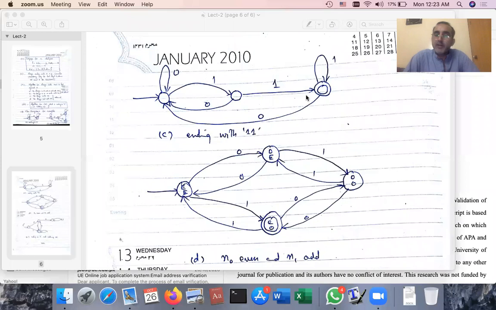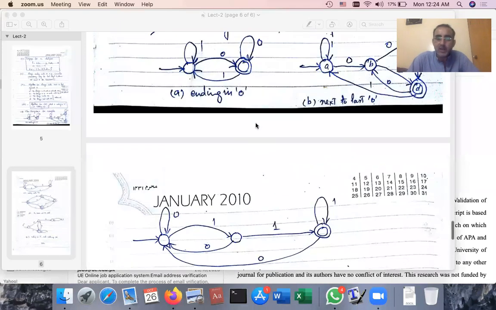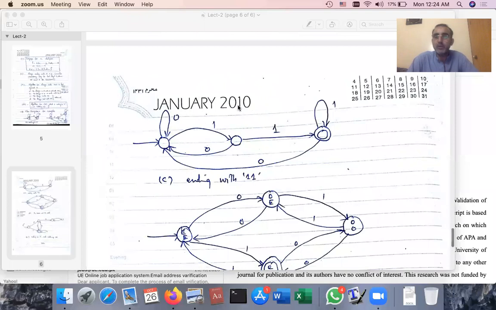This is a finite automata for the language ending with 1 1. Look, regular languages have regular expressions. And what is the machine that can evaluate a regular language? That machine is called a finite automata, and what you are seeing here is basically a finite automata.